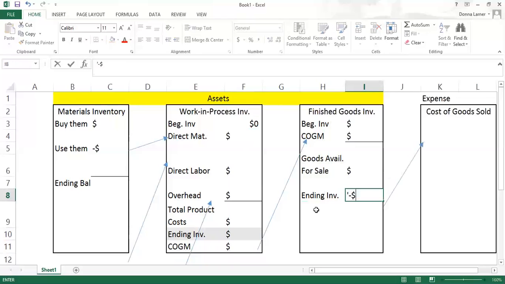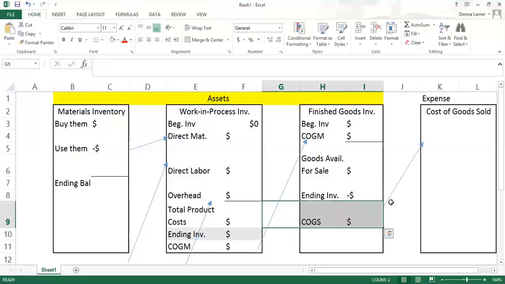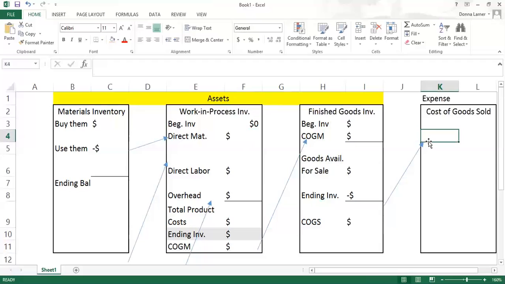I'm going to take that away from what we had available to sell and say, well, if it wasn't still here in the store, it must have been sold. They will call that the cost of goods sold. And that amount is then transferred to the cost of goods sold account and put on the income statement as an expense or a subtraction away from the net sales.